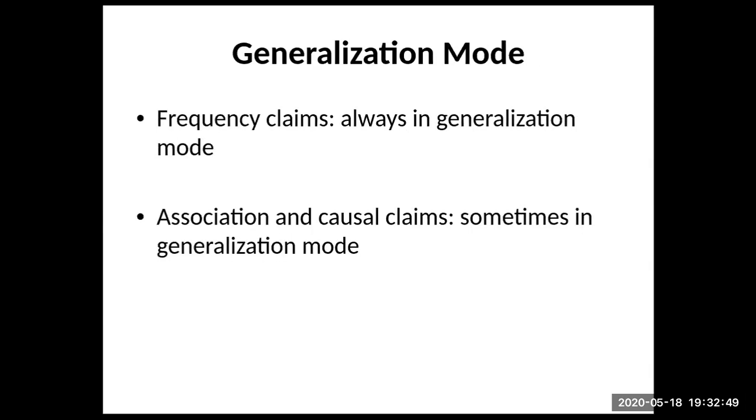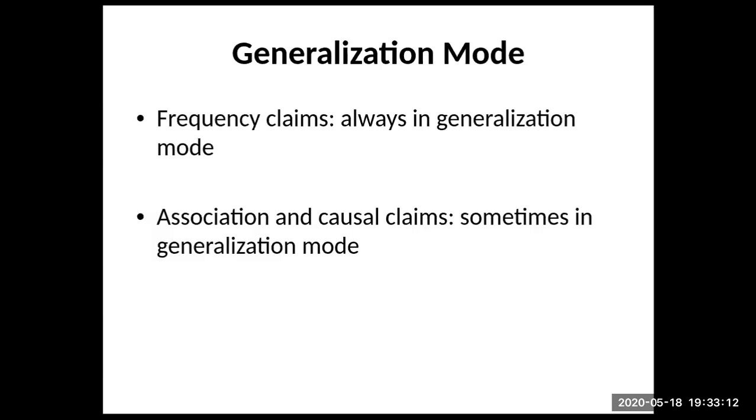In generalization mode, again, frequency claims, polls, epidemiological estimates, and the like, market research stuff is always in generalization mode. The goal is always to see how many people it generalizes to, how many people in that population. Association and causal claims, sometimes they're in generalization mode.